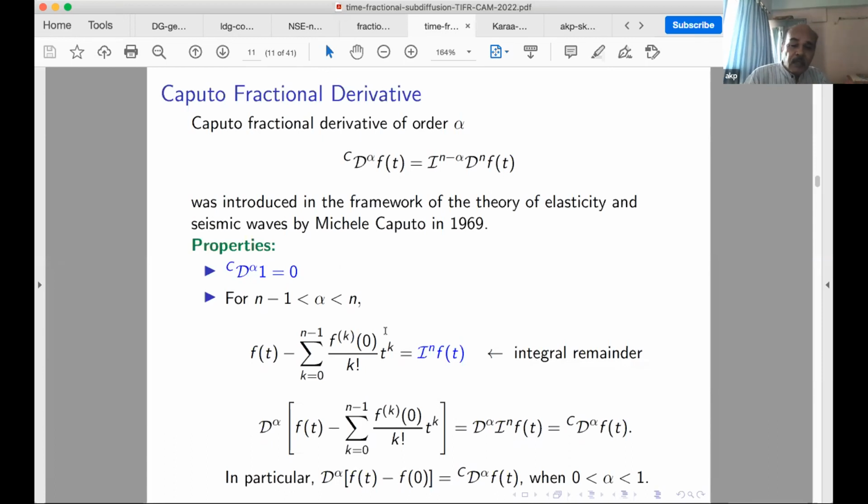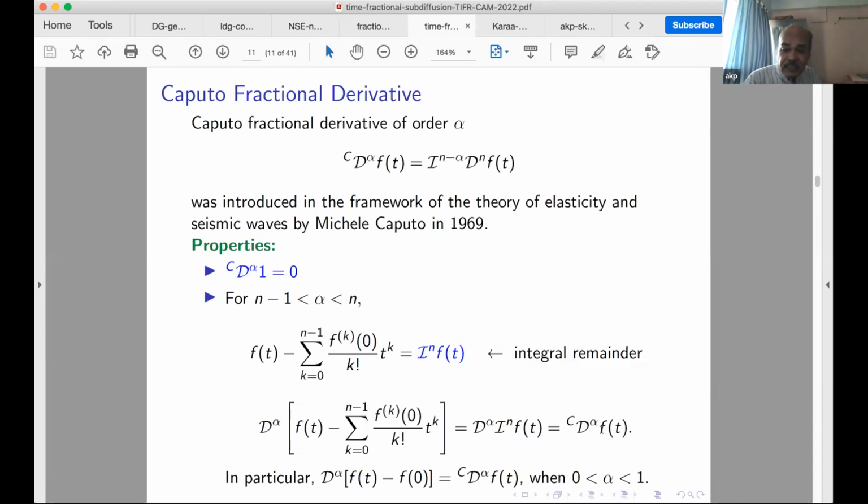Okay. So if f is differentiable, then you can write down I to the power n f(t) in this form. And if you take the fractional order derivative there, the fractional order Riemann-Liouville derivative, then it is going to give you the Caputo derivative.